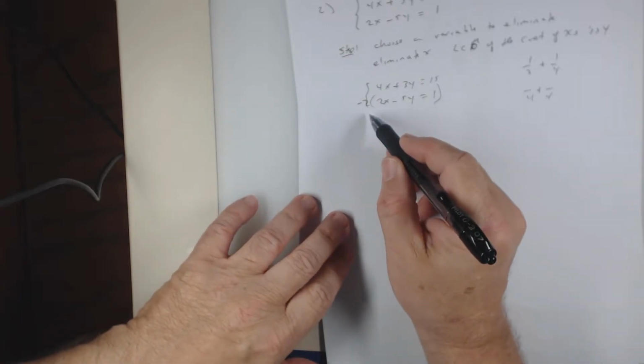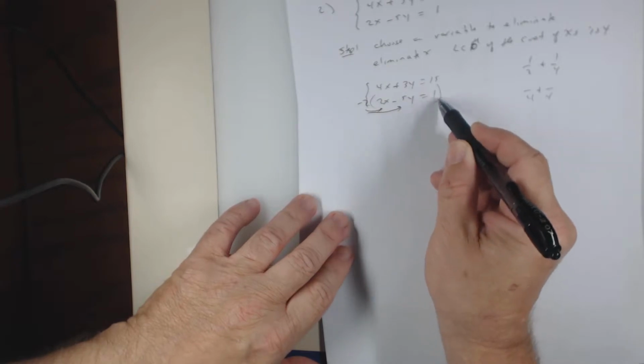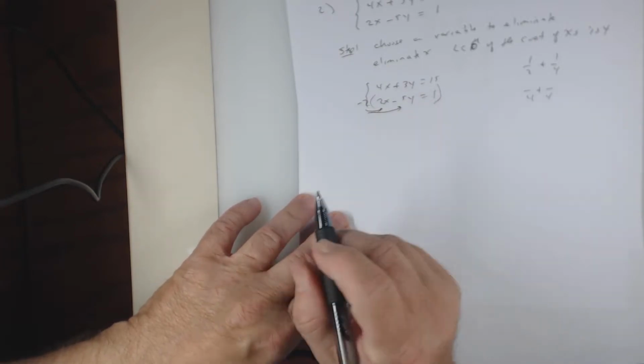How many terms are there on both sides? 3. A 2x, a -5y, and a 1. So every term has to be multiplied by -2. Some students do this part correctly and forget to do the 1 by -2.